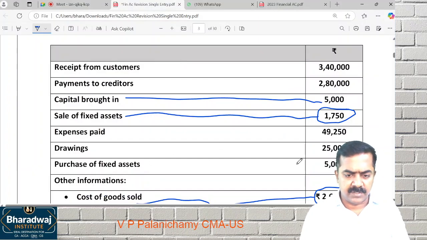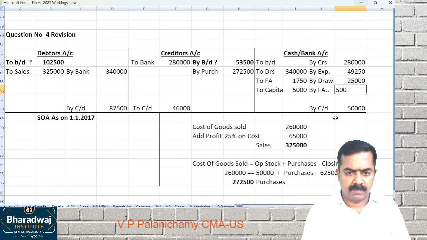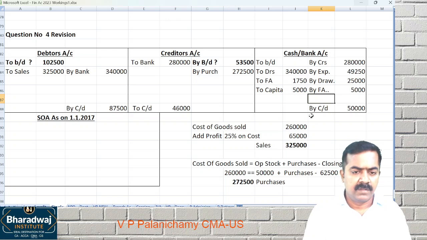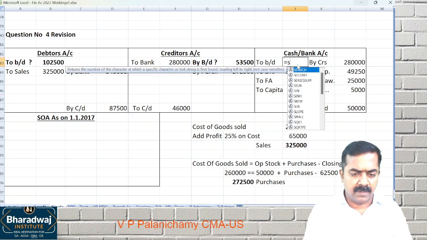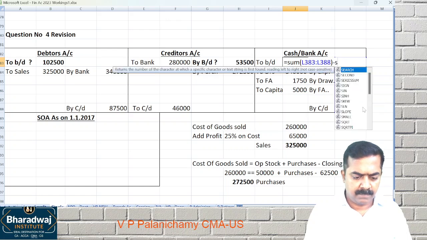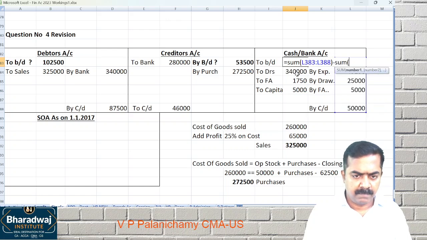Fixed asset purchased for 5,000. When you tally this, you will get which one? Opening balance as a balancing figure.